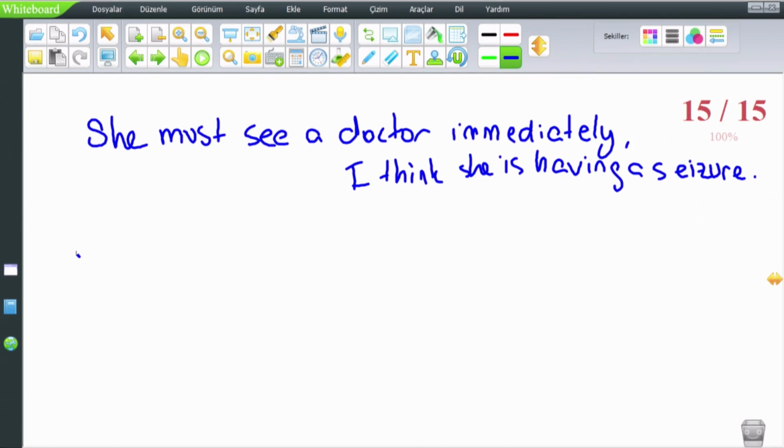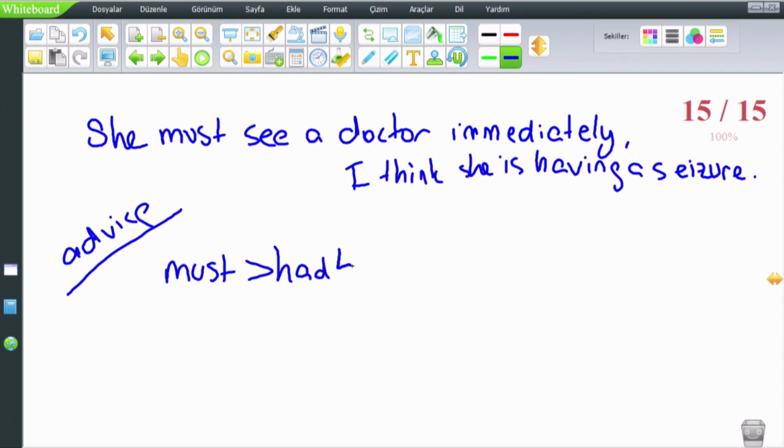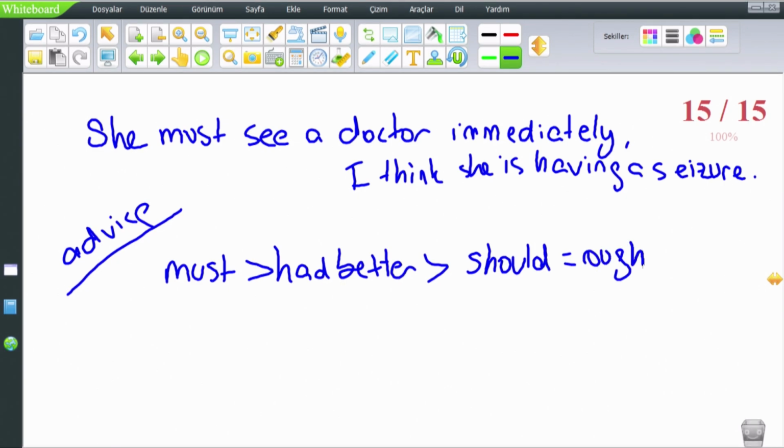What I can do is to do an order. Must is stronger than had better, and had better is stronger than should. Should is equal with ought to.